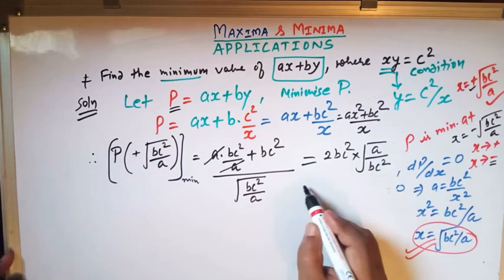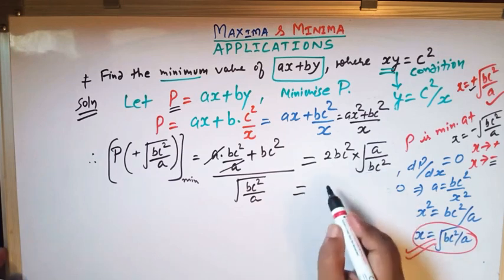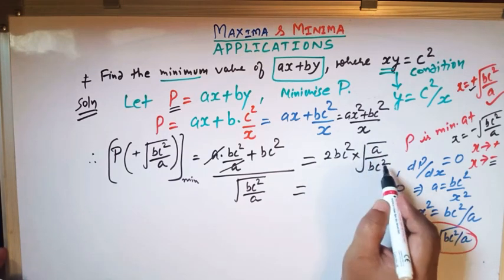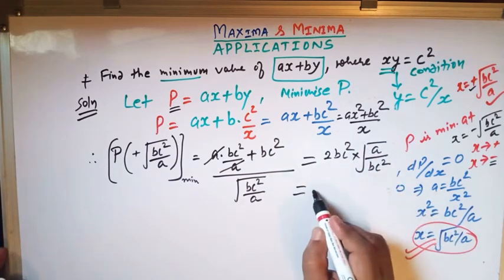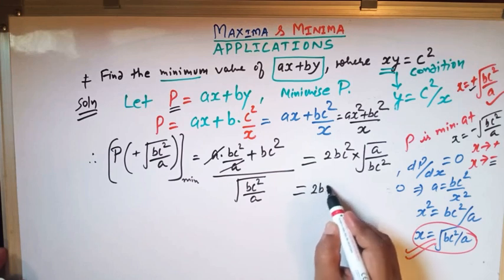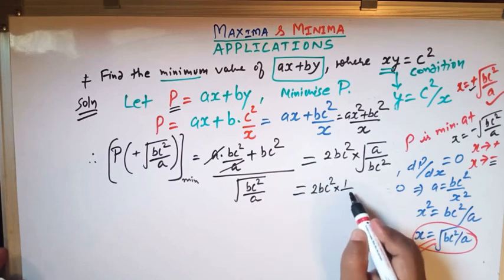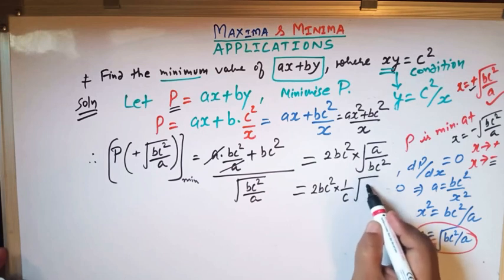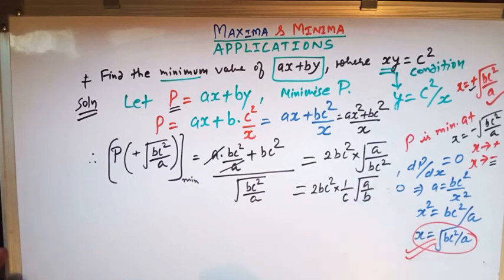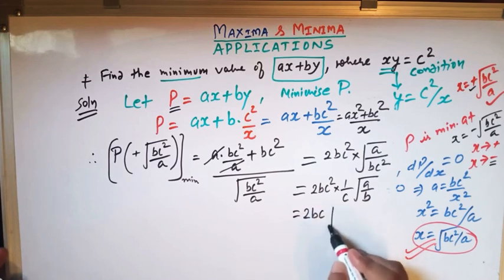Clear? Now we can simplify it further, or we can write it like this: 2bc square multiplied by 1 over c divided by a over b. Clear? Or we can write it as 2bc multiplied by a over b.